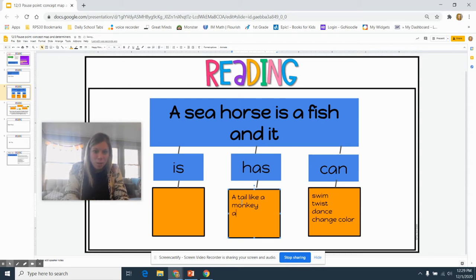It has a pouch. You could even add like a kangaroo. What else? Oh, it has eyes that look like black beads. What else does it have on its body?